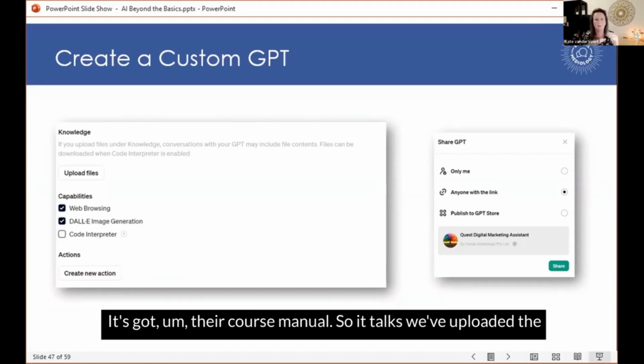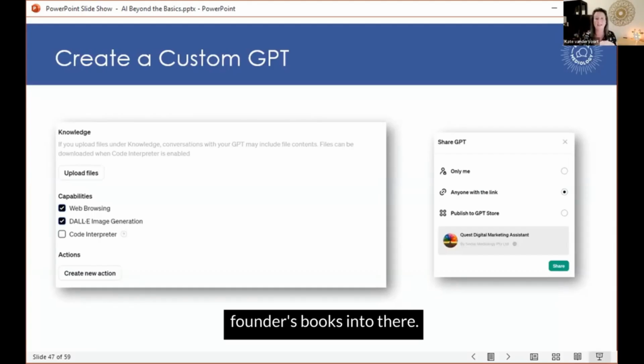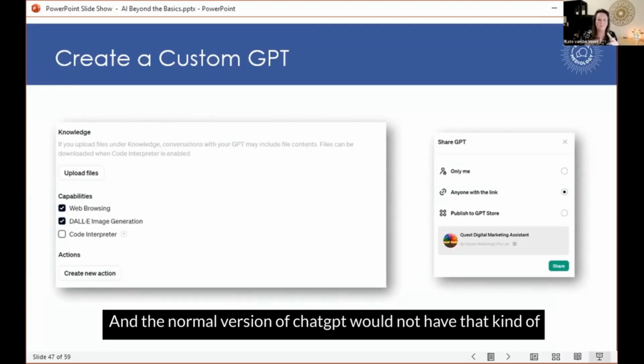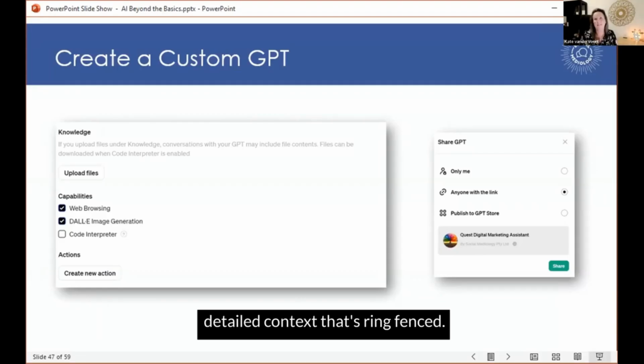It's got their course manuals. We've uploaded the founders' books into there, so it actually creates social media content based on her language. And the normal version of ChatGPT would not have that kind of detailed context that's ring-fenced.